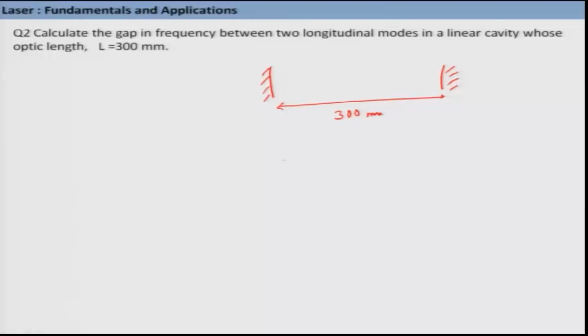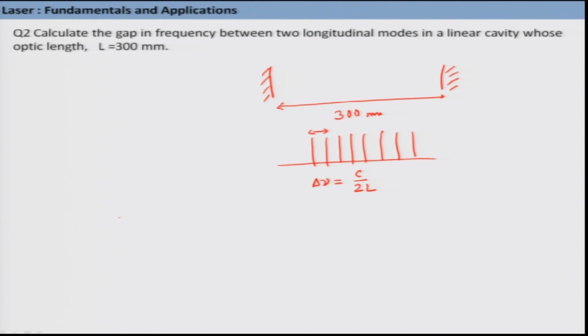So, we know that if there are several modes that are possible, what is the gap between these two, that we have already learned. If we write it as delta nu, then this is C over 2L, where L is my length of the cavity.